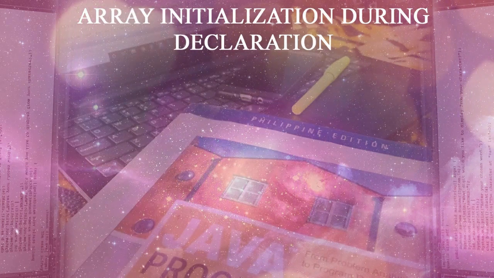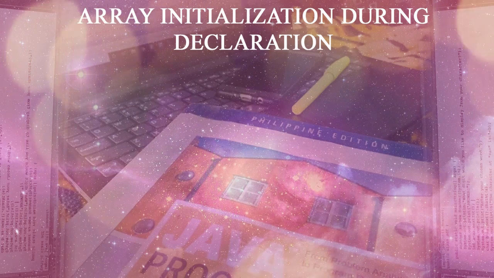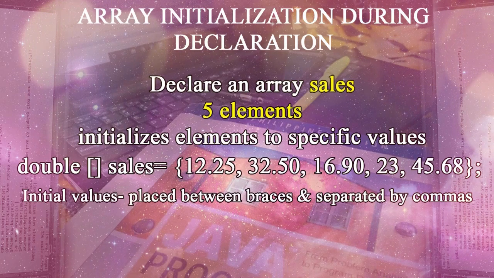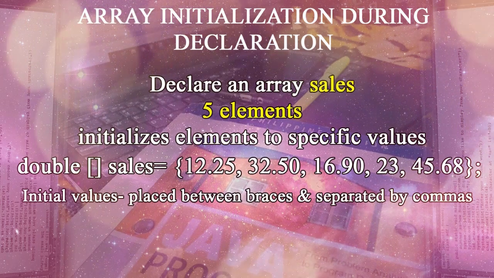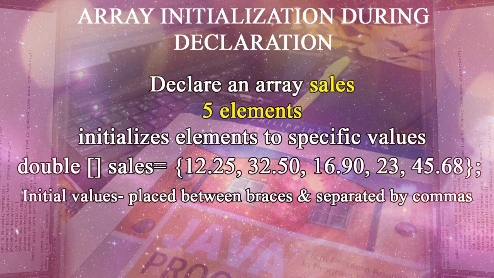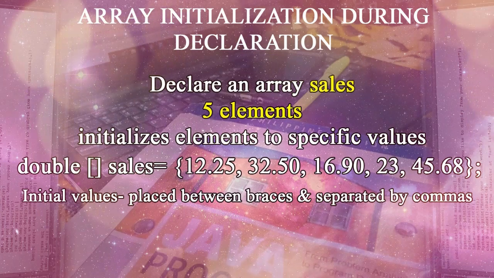Like any other primitive data type variable, an array can also be initialized with specific values when it is declared. For example, the following Java statement declares an array, sales, of 5 elements and initializes those elements to specific values.